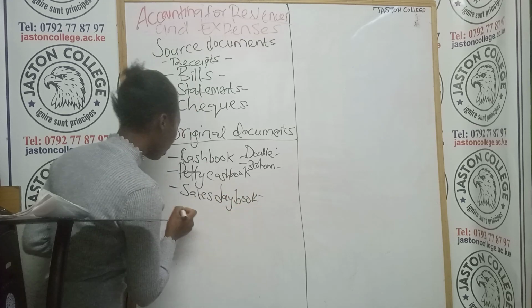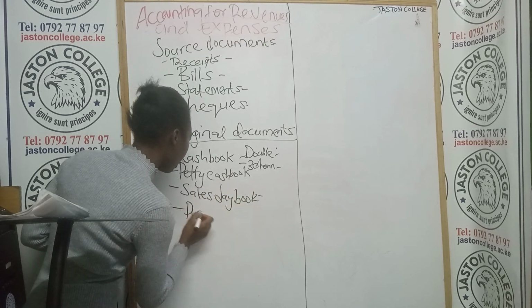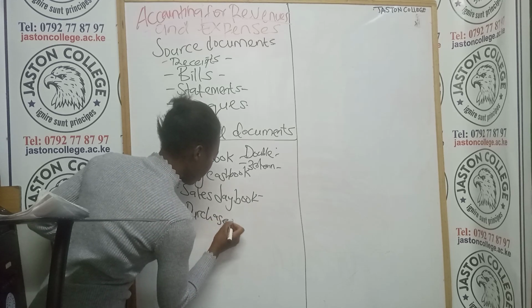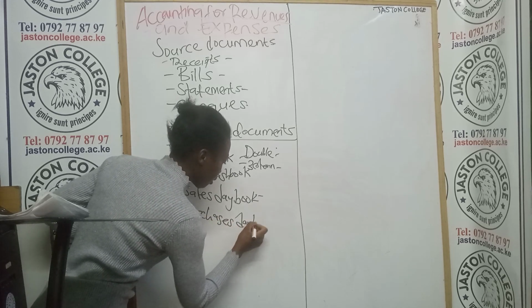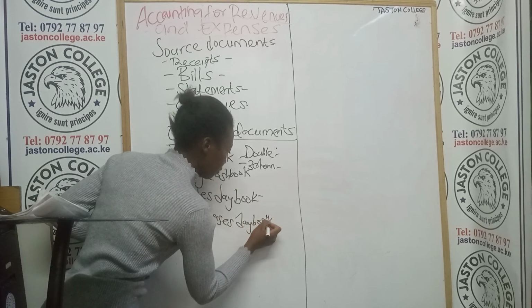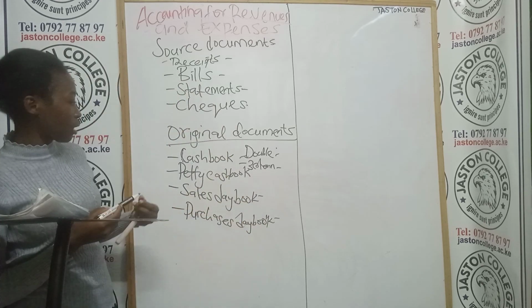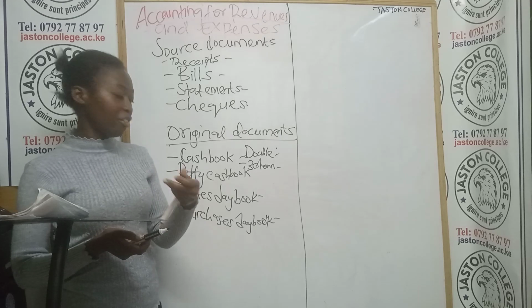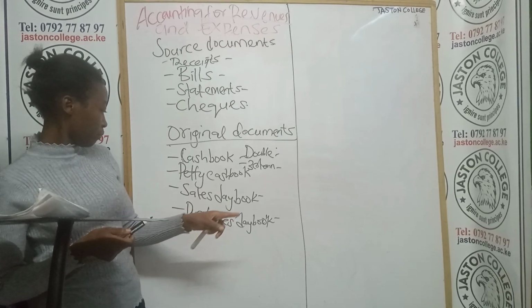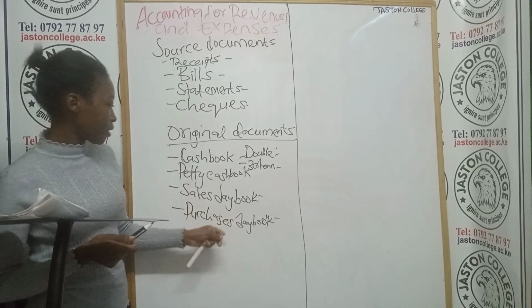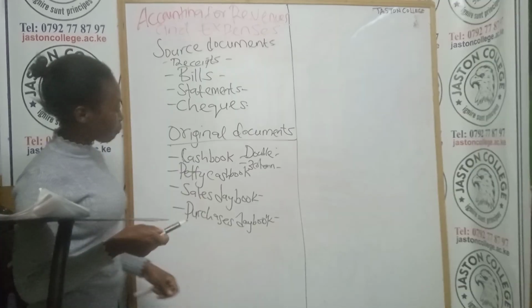We also have purchases day book. Let's say we have made a purchase. Our suppliers have given us some commodities or some inventory. So we get purchases day book from them.